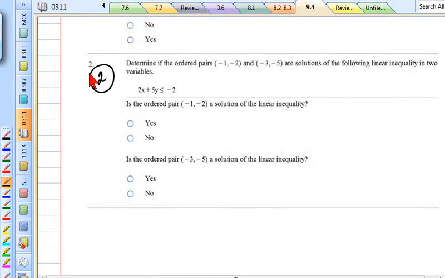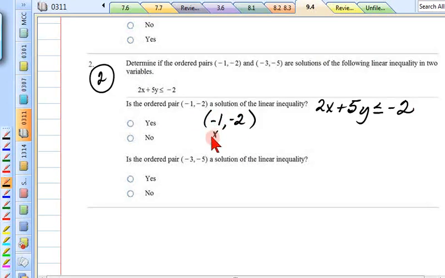Question number 2 says determine whether these points are solutions. The inequality that I'm given is 2x plus 5y is less than or equal to -2. And I'm supposed to test the point (-1, -2). So x is -1 and y is -2.